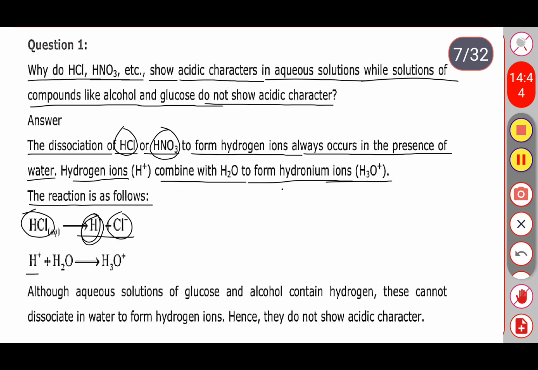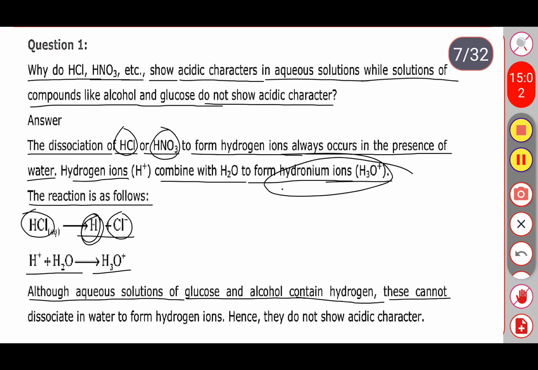Hydronium ions are nothing but H3O+. Although aqueous solutions of glucose and alcohol contain hydrogen, these cannot dissociate in water to form hydrogen ions. Hence they do not show acidic characters. Let's see the next question.